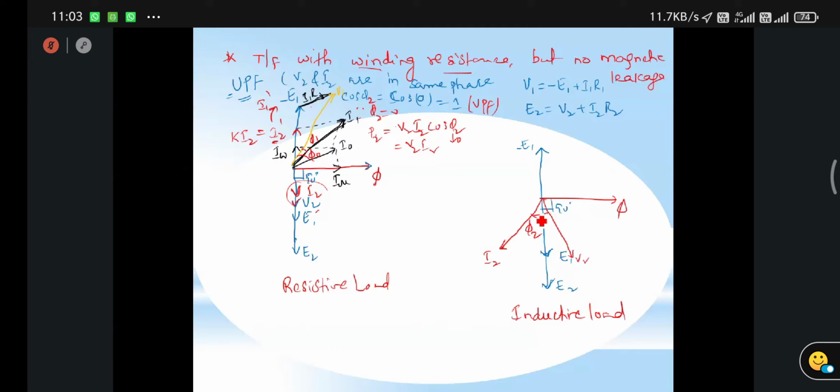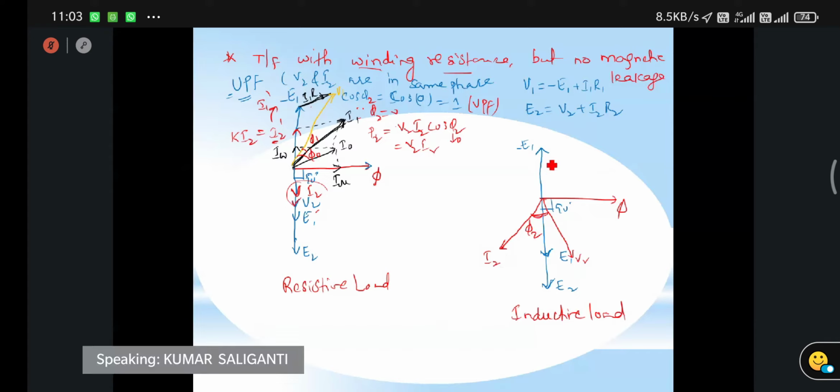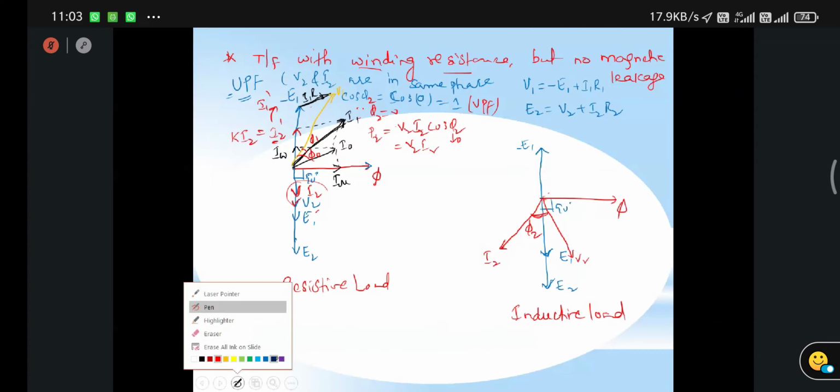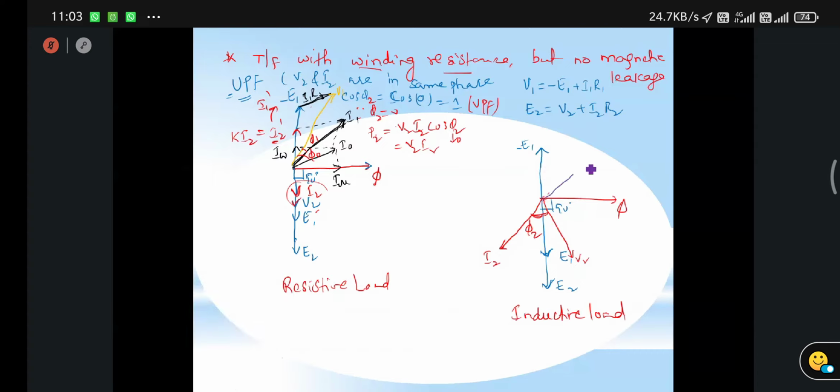This is the pi direction. The I2 lags V2 by pi by 2 here. And what about other things here? If you take exactly I2 and reverse the I2, then you can get this I2 dash.